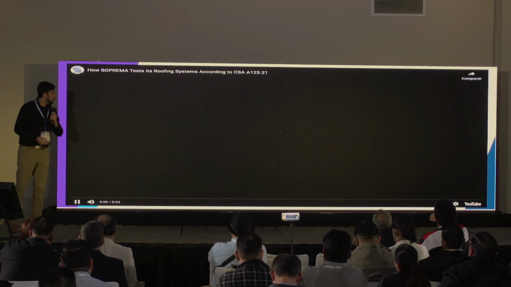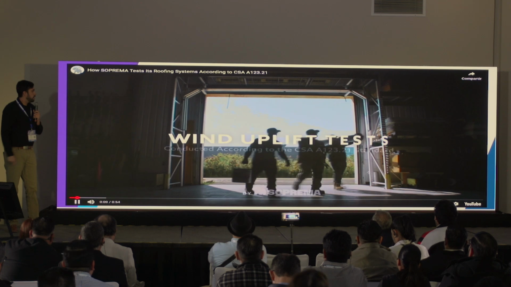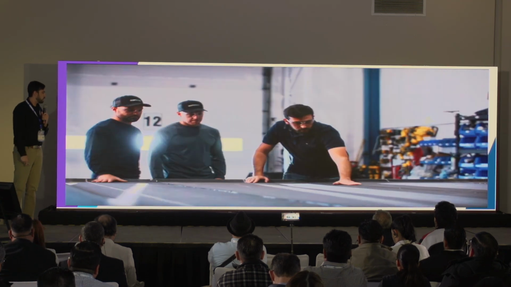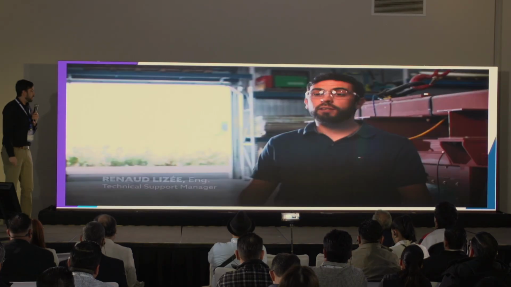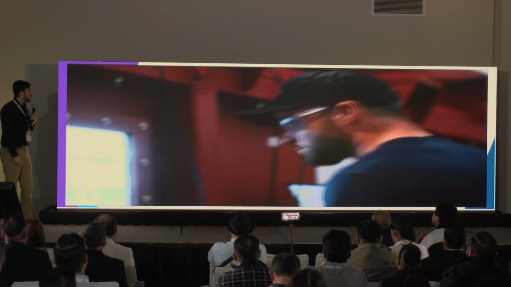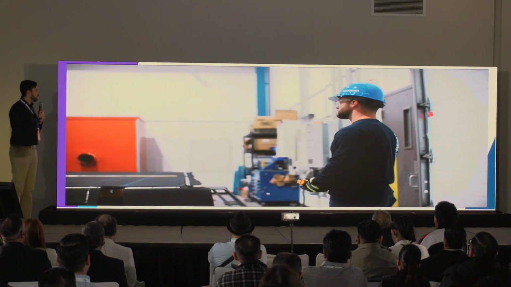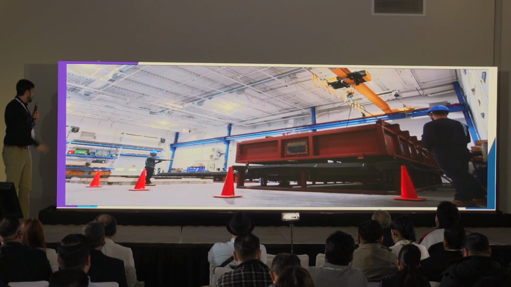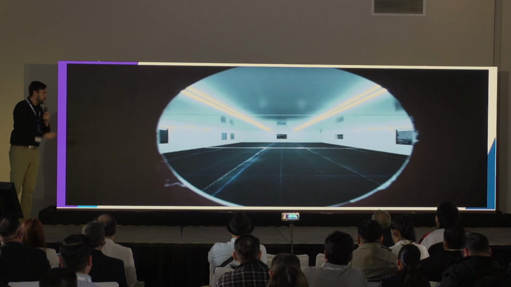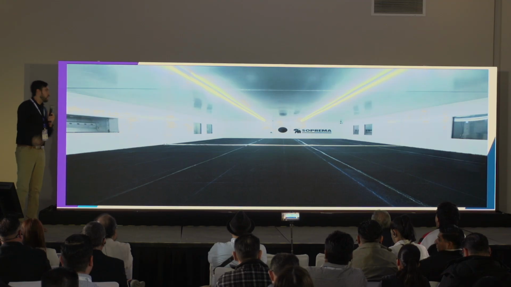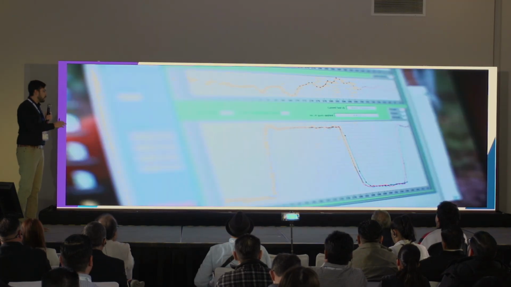So here is a video of the equipment that we have in Canada to measure the wind uplift resistance. Just bear in mind the size of a 12 by 24. The equipment you see there is 12 by 24. The other thing that we're able to do, I was talking about the 2 by 2 pull test on concrete, we took a different approach.